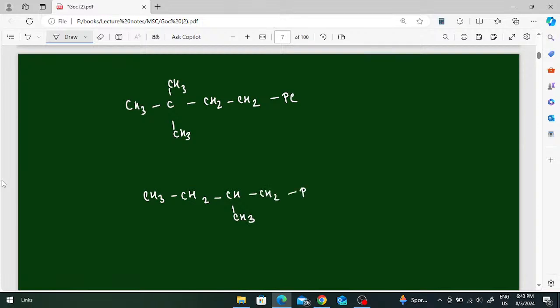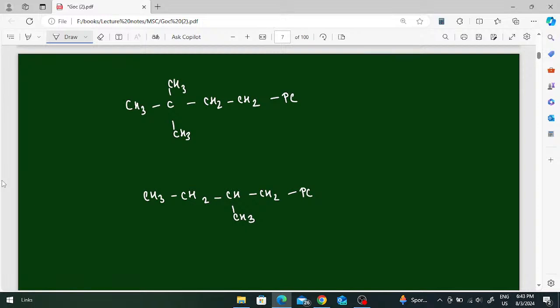So again let's reiterate by taking another example. Here I have say CH3, C, CH3, CH3, and here I have CH2, CH2 with the parent chain. Now instead here I have a CH2, CH3, CH2 in the parent chain.